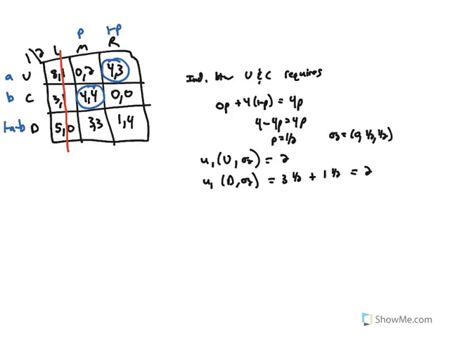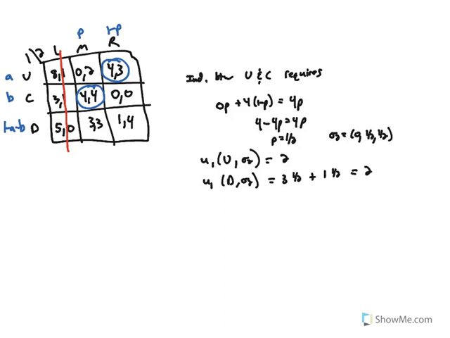The only way D is a best response, because if the probability on M goes above 1/2, then C is the best response, and if the probability goes below 1/2 on P, then U is the best response because of those 4s. The only way D is played is if P is equal to exactly 1/2, but when it is, player 1 is indifferent between all 3 of those strategies.